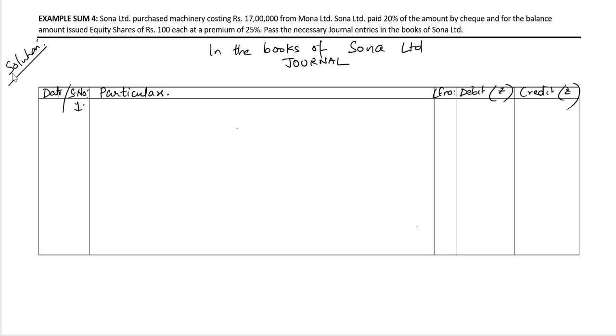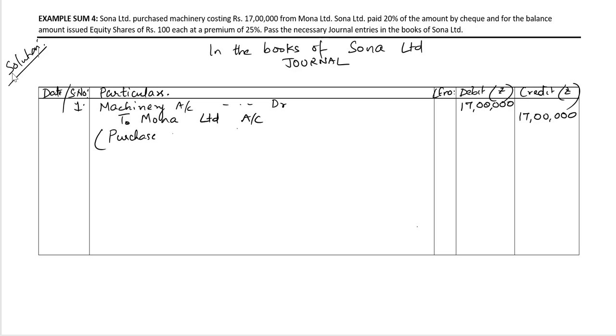The first journal entry is for purchase of machinery from Mona Limited. Machinery account, debit. The value of machinery purchased, 17 lakh rupees, to Mona Limited account, amount payable to Mona Limited, 17 lakh rupees. Narration: purchase of machinery from Mona Limited.